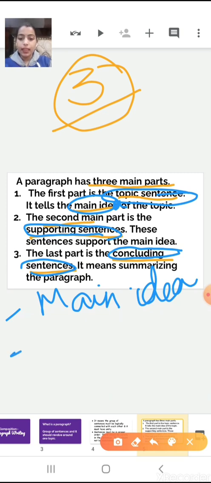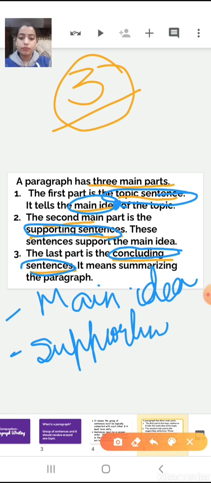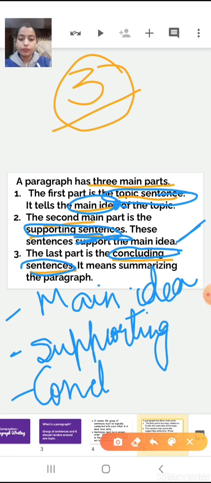Second we have supporting sentences, that support the main idea of the topic. Third we have concluding sentences.